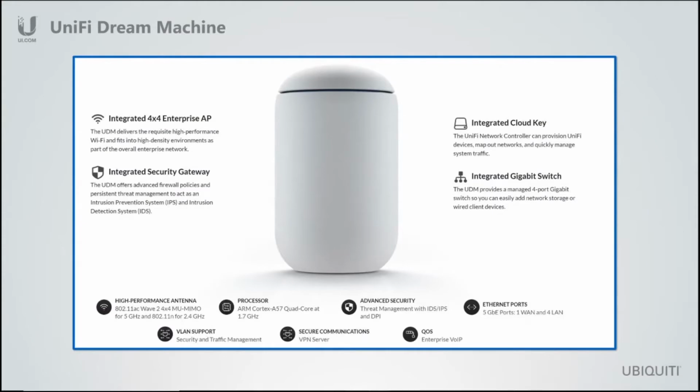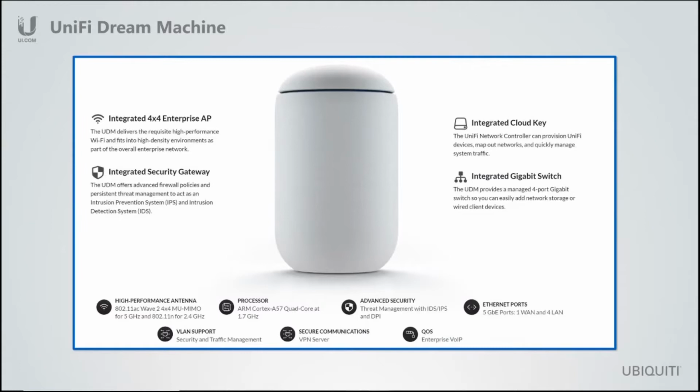So one of our newest products here is the UniFi Dream Machine. It's one of our latest products, and it's been a very popular product recently. As you've seen earlier, we've had access points, switches, security gateways, and the Cloud Key controller. What the UniFi Dream Machine does is combine all four of those devices into one product. It's a small router which has an integrated security gateway, so it offers advanced firewall policies and threat management.